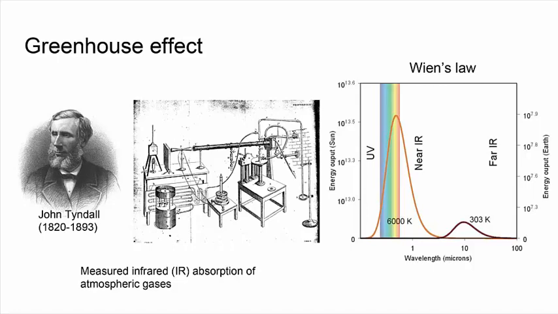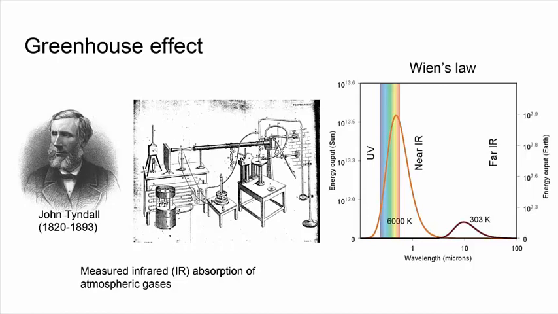This has to do with, again, coming back to the black bodies. Depending on the temperature of the black body, so if you model, this is showing the sun at around 6,000 Kelvin, and Earth, which is around 303 Kelvin. The peak wavelength of emission of a black body is inversely proportional to its temperature. So the sun, which is very hot, emits at a very small peak wavelength.